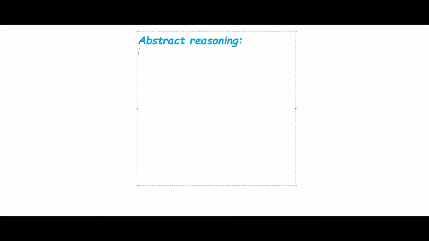Abstract reasoning is basically, you get a bunch of questions that use a bunch of shapes, letters, or even numbers, and somewhere you get two sets, set A, set B, or whatever.